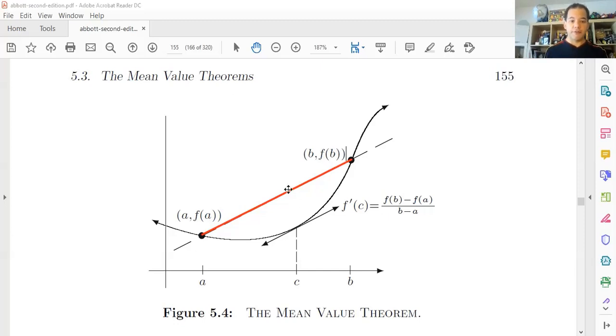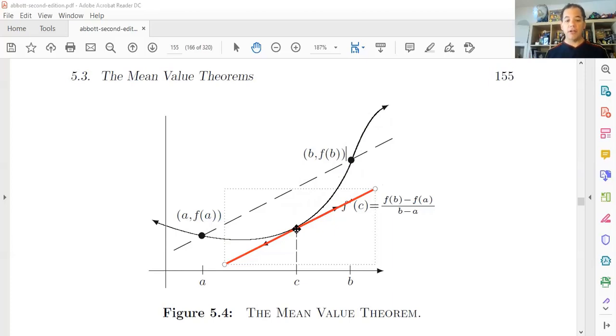So in other words, if I move this one around, I should be able to place it so that it becomes the tangent line at some point in between. And obviously that happens right here, right? You see how I moved the segment and made it tangent.